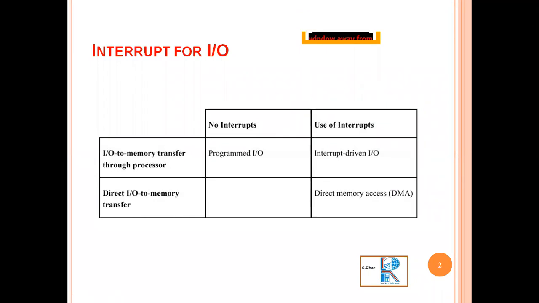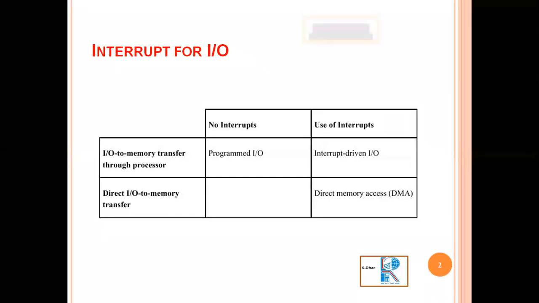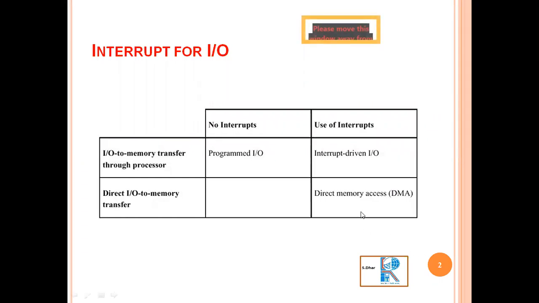That means the CPU does not need to transfer the data between I/O and memory. There is a separate device called the direct memory access controller. With its help, data can be transferred from memory to I/O or I/O to memory. In that case, DMA will be the master of the bus.